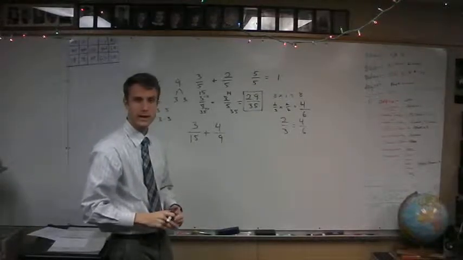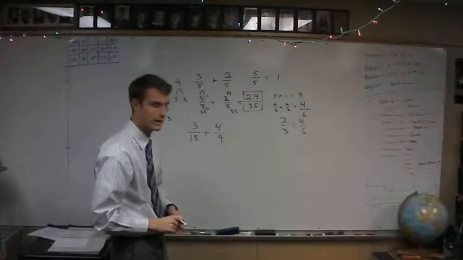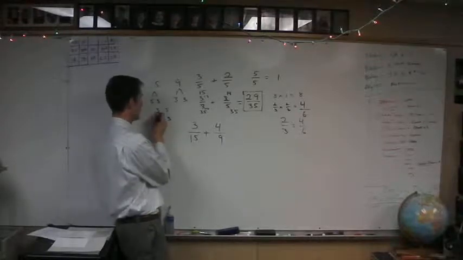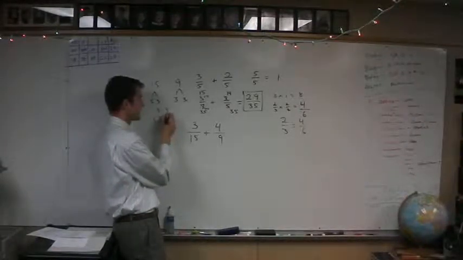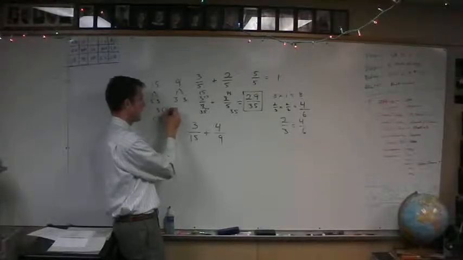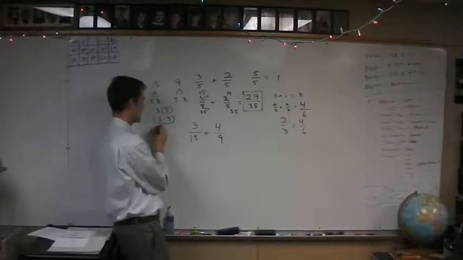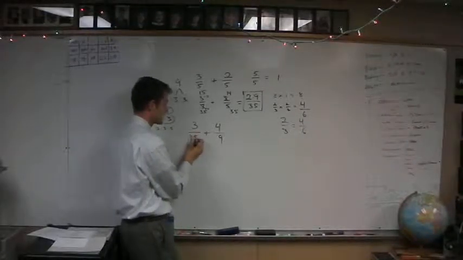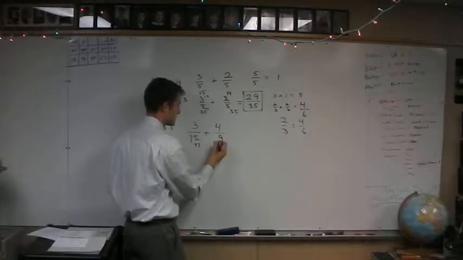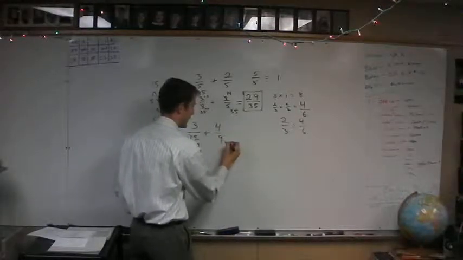I choose whichever one has the most primes of each kind. This one has one 3, this one has two 3s. So I'm going to use two 3s. This one has one 5, this one has no 5, so I'm going to use the 5. I'm going to multiply those numbers together. 3 times 3 times 5, 9 times 5 is 45. So my common denominator is going to be 45.